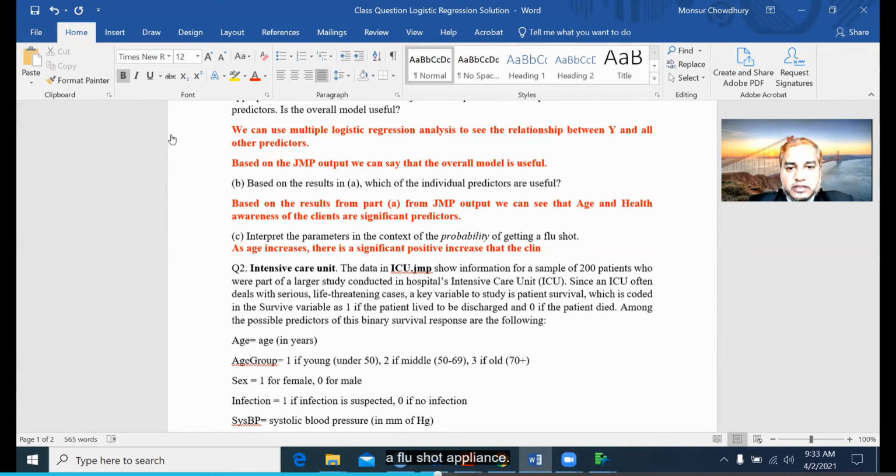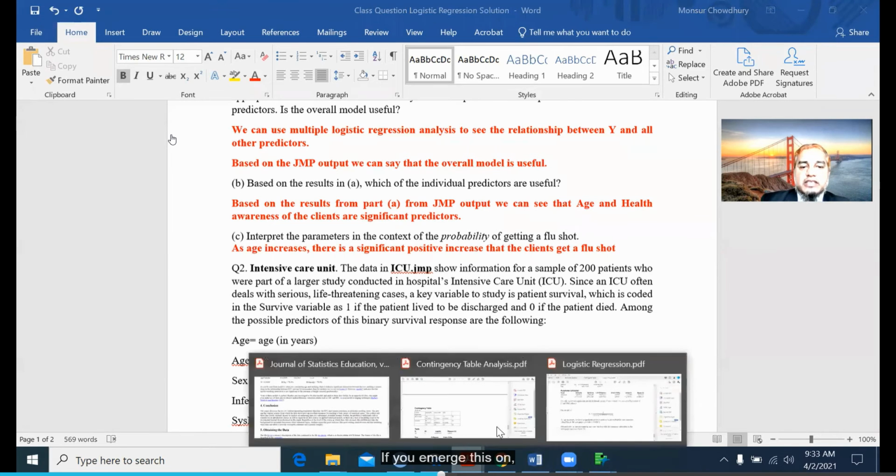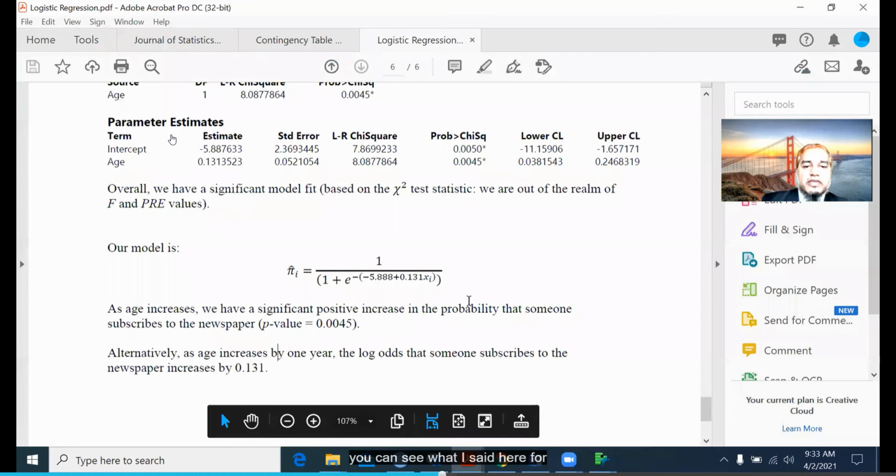Clients get a flu shot. And if you match this, you can see what I said here for the positive increase in the probability that someone subscribed to a newspaper.